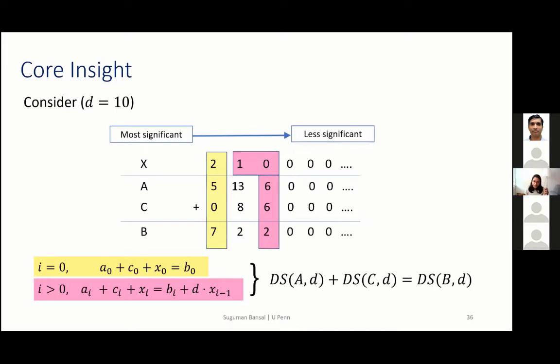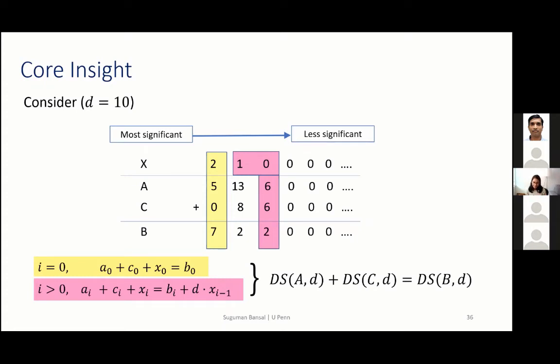The challenge is that I don't know how large the carry value should be. If by accident I had guessed that the carry value X would be some large number, say 20, then as long as I can adjust the value of C so that C is still a reasonable number, that much is enough. That is the magic behind this.